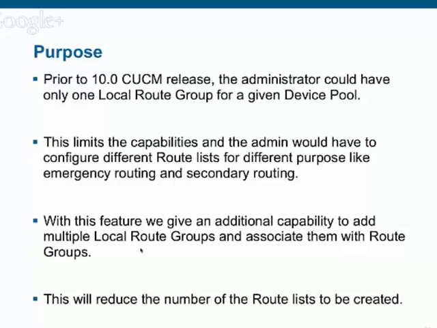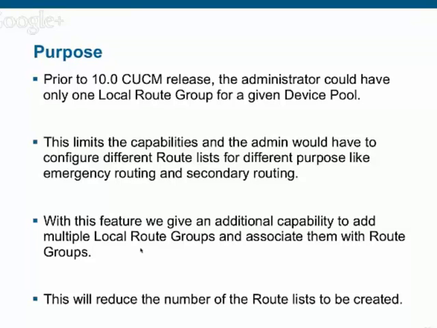But in 10.x, we broke away from that particular ideology, and we said, all right, it's not necessary that you will always want to have your primary voice gateway on top in preference and your other voice gateway second.